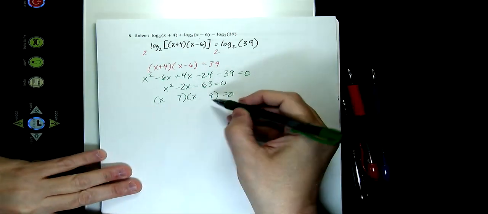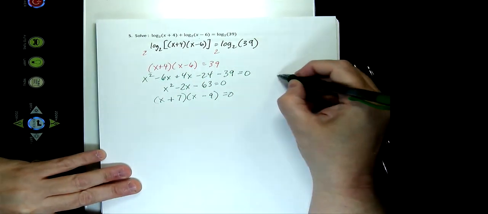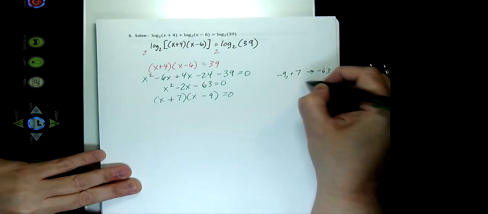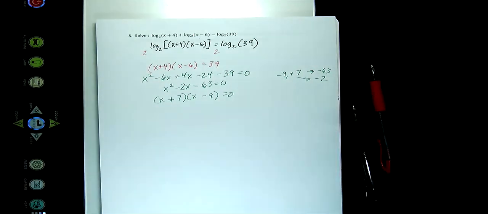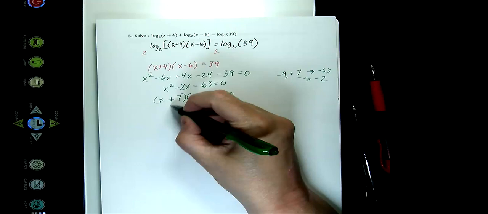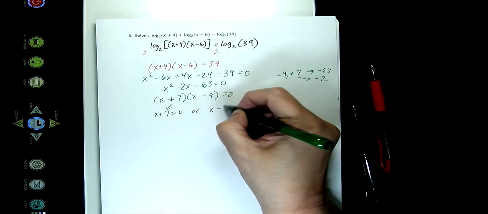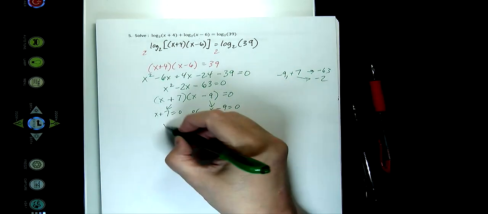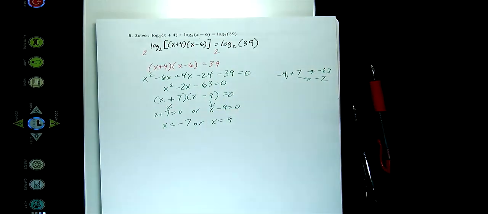If I do -9 and +7, those multiply to -63 and they add to -2. So that is the right factorization. Now we have the right side equal to 0. We can separate this up into 2 equations. And I get x equals -7 or x equals 9. Good.